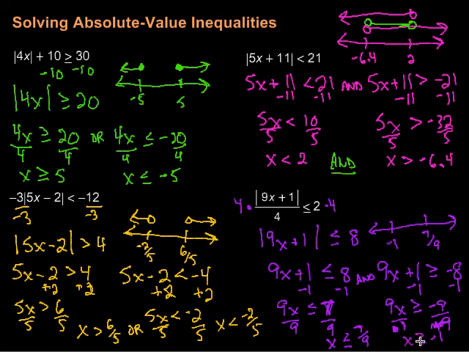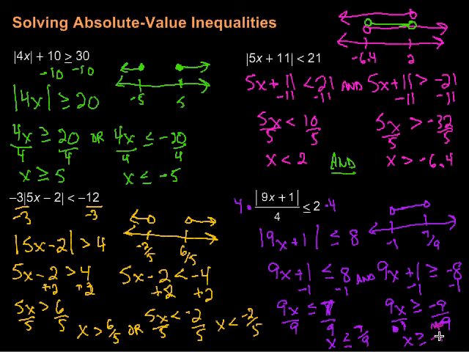It's got to be greater than or equal to negative 1, so that's going to take me this way. And then less than or equal to 7/9, so that's going to be here. Connect the dots because this is the place where those two overlap. That's my solution in an and situation. Remember, those numbers need to satisfy both conditions.